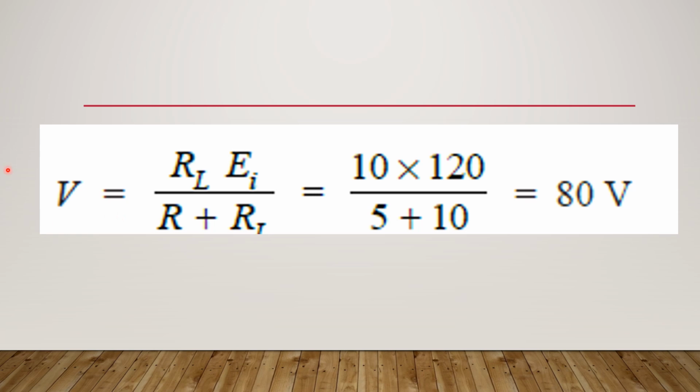In the circuit, the load resistance is given to be 10K, and the input voltage is 120 volts. The series resistance is 5 kilo ohm, and the total resistance RT is 15 kilo ohm. Finally the output voltage is 80 volts. You can determine the output voltage.